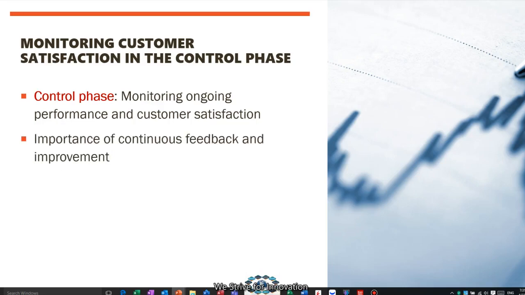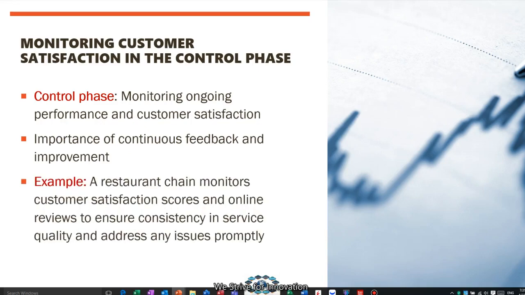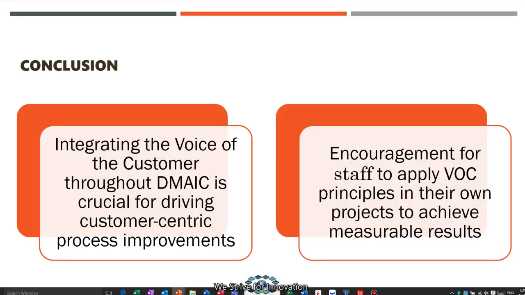An example: let's say you have a restaurant chain and you monitor customer satisfaction scores and online reviews to ensure consistency in service quality and address any issues promptly.